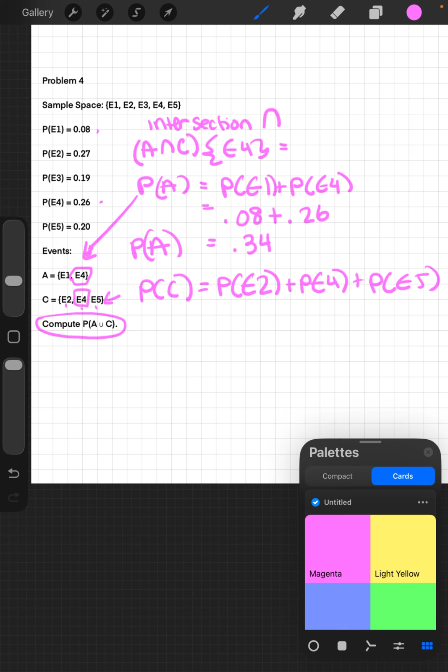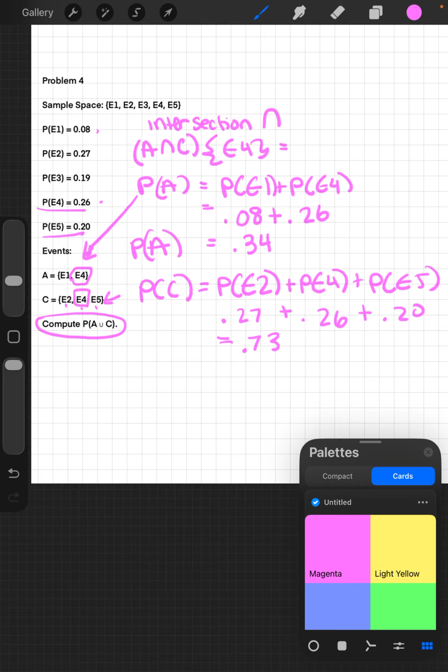E2 is 0.27 plus E4 is 0.26 plus 0.20, and that is equal to 0.73.